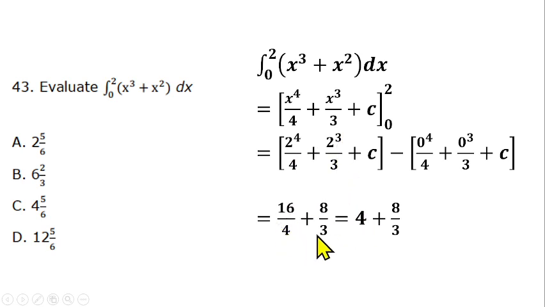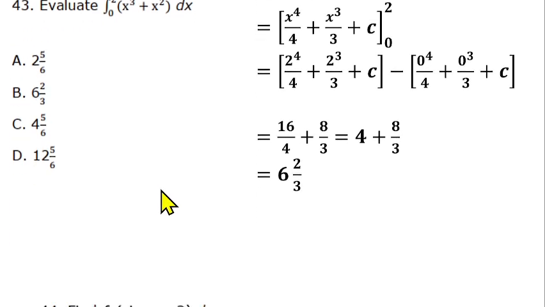So 16 over 4 is 4 plus 8 over 3. If you simplify that further and find the LCM, that should give us 6 whole number 2 over 3. So option B is the correct option for question number 43.